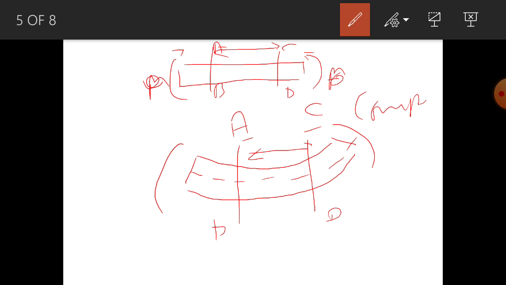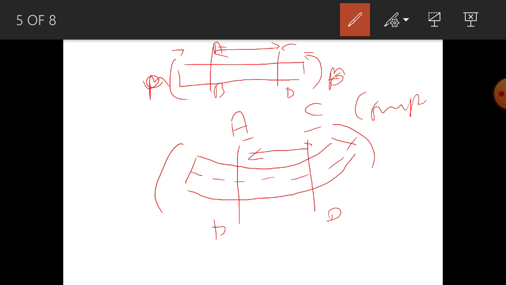When you compress any object, there is deformation and a reduction in size. If there is tension, there is an increase in length; if there is compression, there is a decrease in length. As there is a decrease between points A and C, the upper fiber of the beam will be under compressive stress.